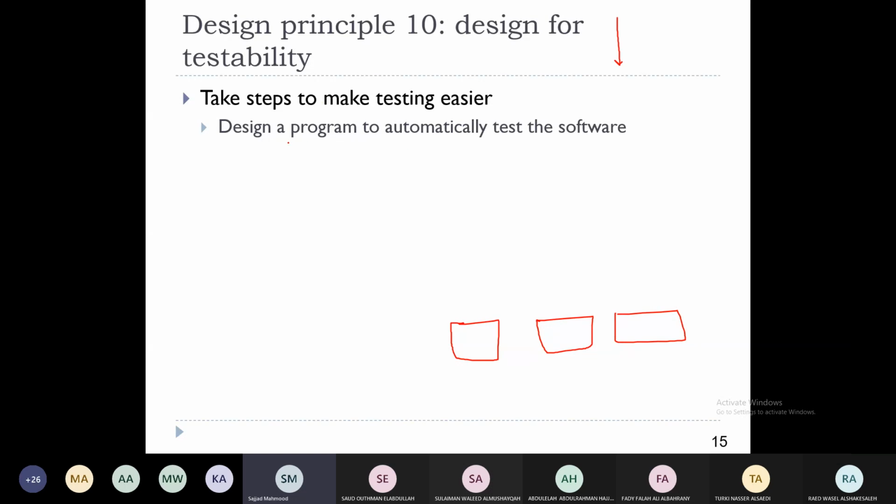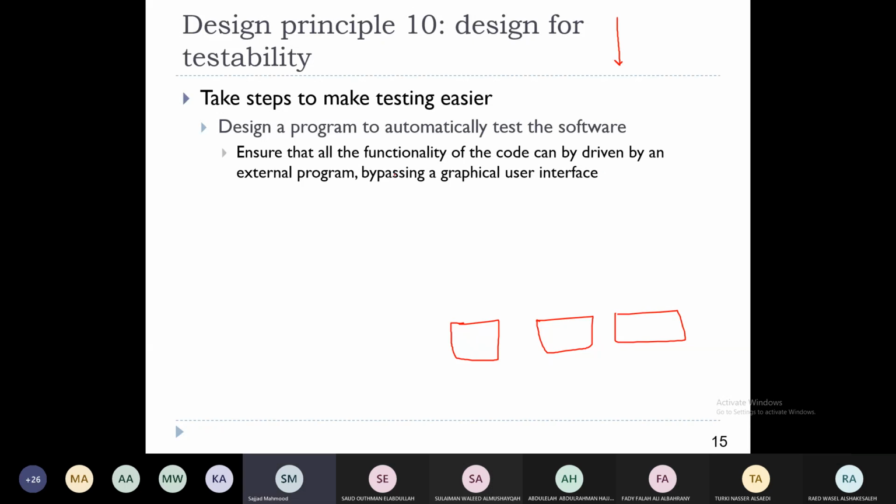And then again in testing you will learn that it's not an easy task anyway, and that's why we sometimes try to automate them. And for automated testing to work, these systems need to be more modular and more cohesive and less coupled, because then it will be easier to automatically test these applications.